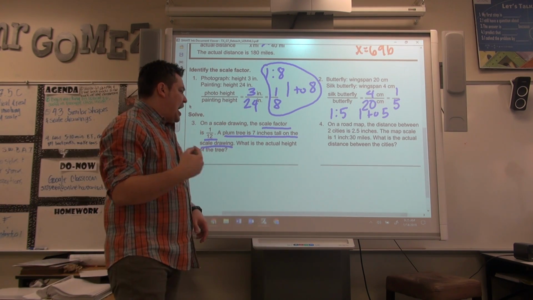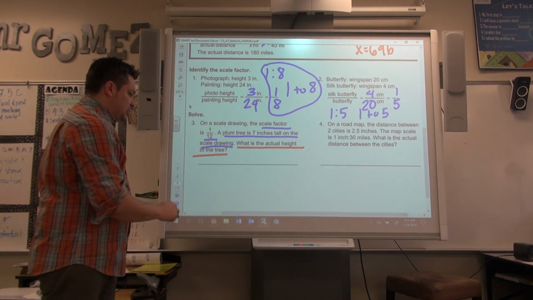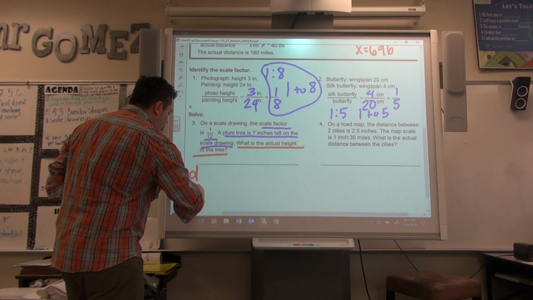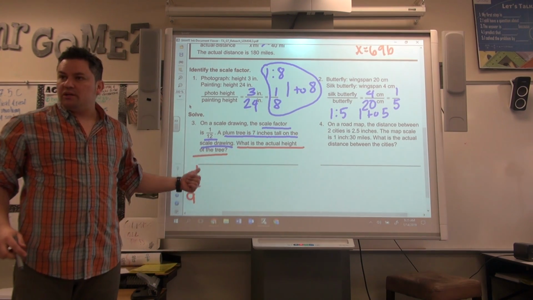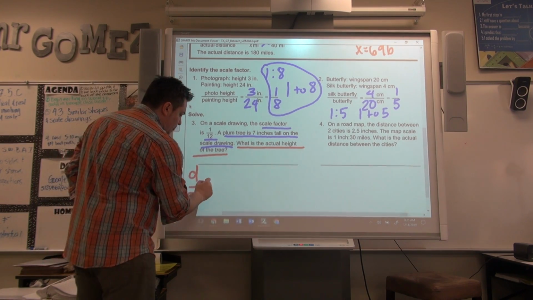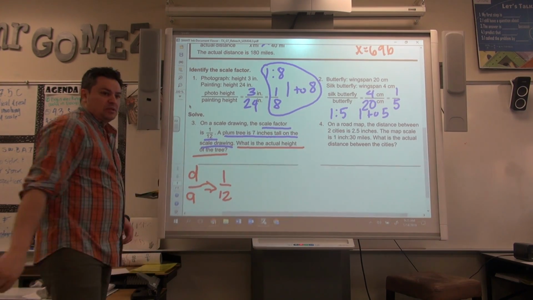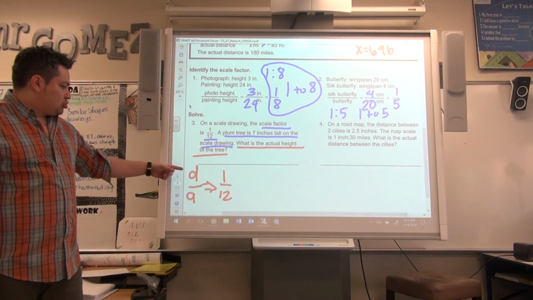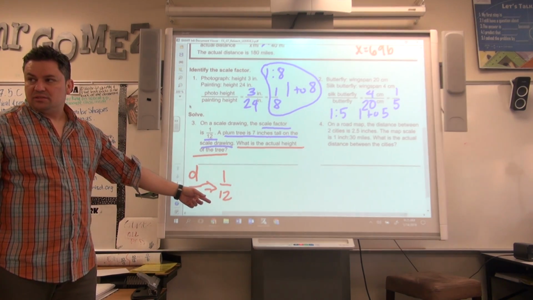What is the actual height of the tree? So this is the drawing over the actual. Can we label it like that? Drawing over the actual. And we can set up with whatever I have already. 1 over 12. That's what I have. The drawing is 1 inch, and the actual is 12 inches.